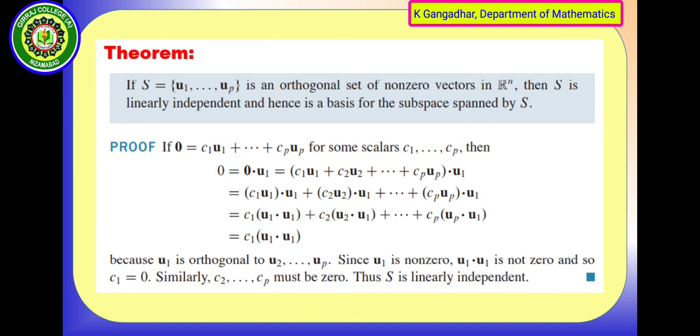Linear independent set means we show that in the linear combination of the set vectors, we equate it to 0 bar, and if in that linear combination all scalar values are 0, then we say that the given set is linearly independent.